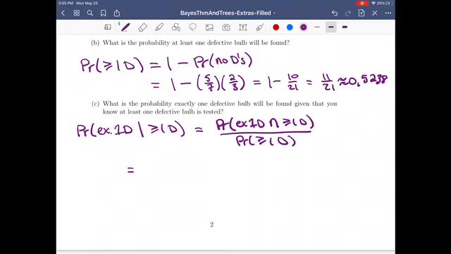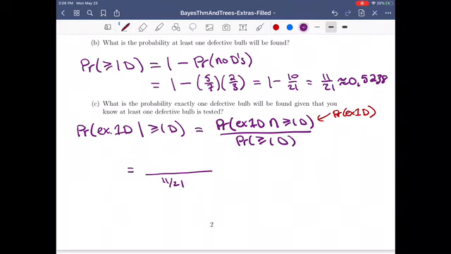So we know the bottom is going to be 11 over 21. The top, we've done this a couple of times now, so exactly 1 defective and at least 1 defective. I have to get exactly 1 defective, and if I do, that means I got at least 1 defective. So this probability is the probability that we get exactly 1 defective.